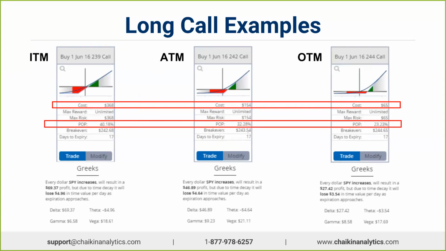The at the money one is going to have the middle amount of probability of profit, and the one out of the money is going to have the smallest probability of profit, the lowest delta, and the highest break even. And that's how it works. You can risk less, but have lower odds of success and need the stock to move more for you to get to your break even number. Or you can risk more, have higher odds of success, and a lower break even point. And so it becomes a balance for individuals.